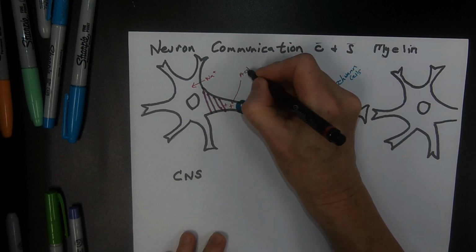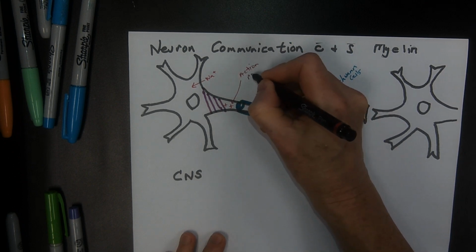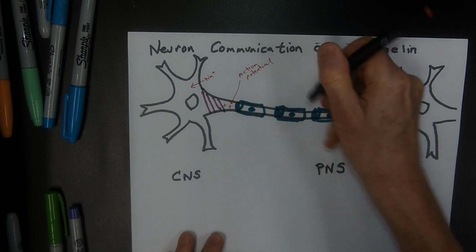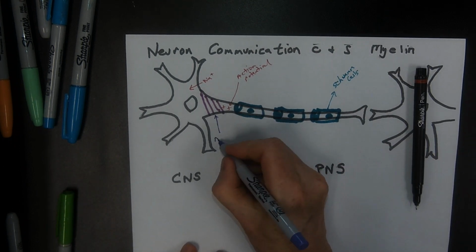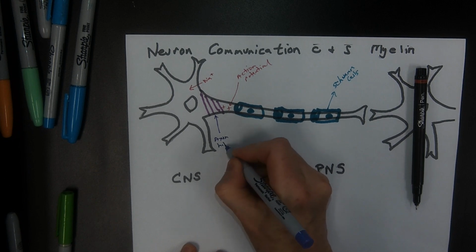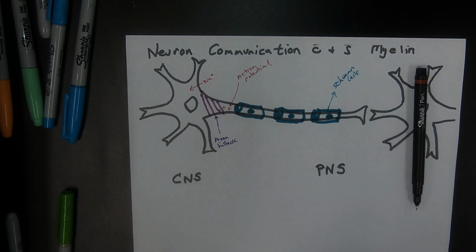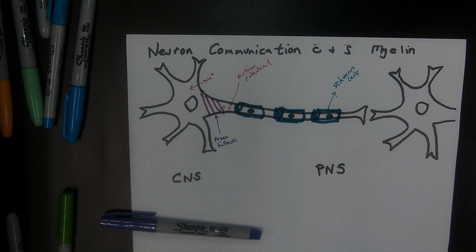So that is your action potential. And that's your axon hillock. Minus 50 millivolts is received by the axon hillock, and the action potential happens.